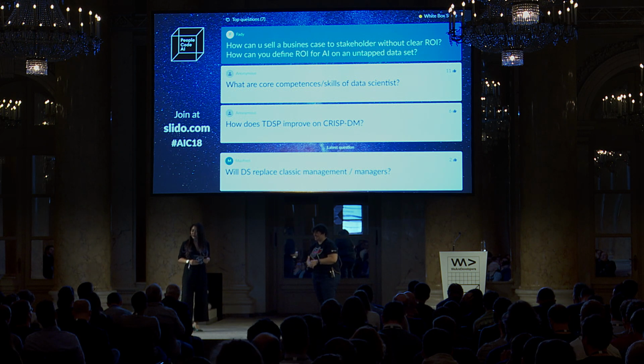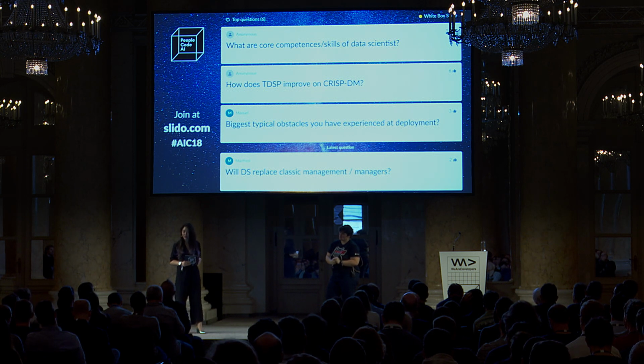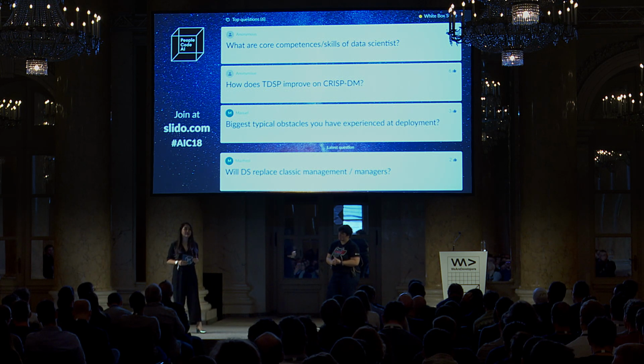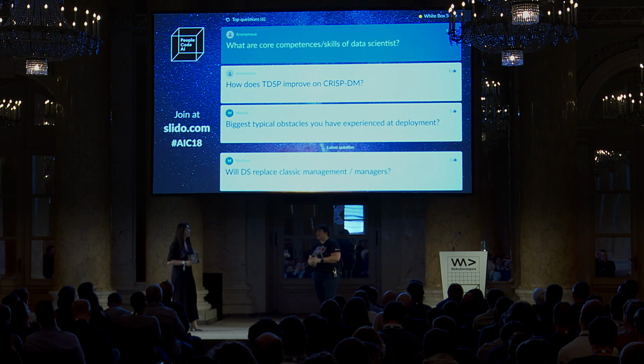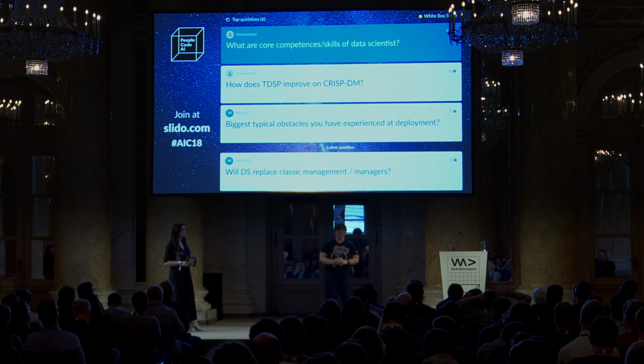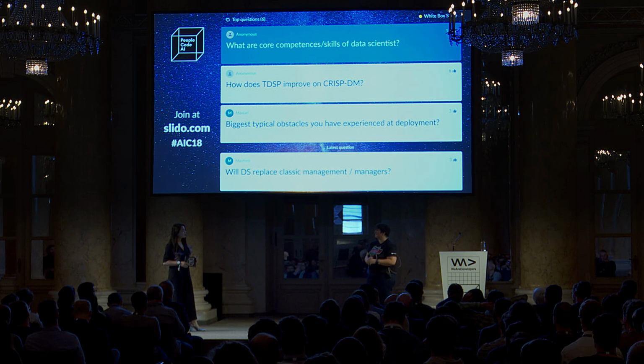Let's go to the next question, which is what are the core competences or skills of a data scientist in your opinion? OK, so statistics for sure, because you need to have a base of statistics, otherwise it's going to be very difficult for you to analyze the data set.